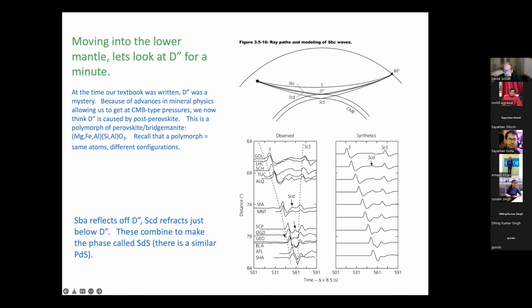So here's an S wave, here's an ScS wave, and then here's an ScD where D is a discontinuity. So this little blob here is thought to indicate a reflection off the D double prime layer. And here are synthetics where people have put in a velocity structure and then developed synthetic seismographs.